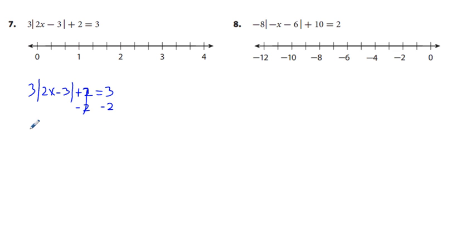We get 3 times absolute value of 2x minus 3 is equal to 1. And just to mark, since 1 is greater than 0, we have two solutions.